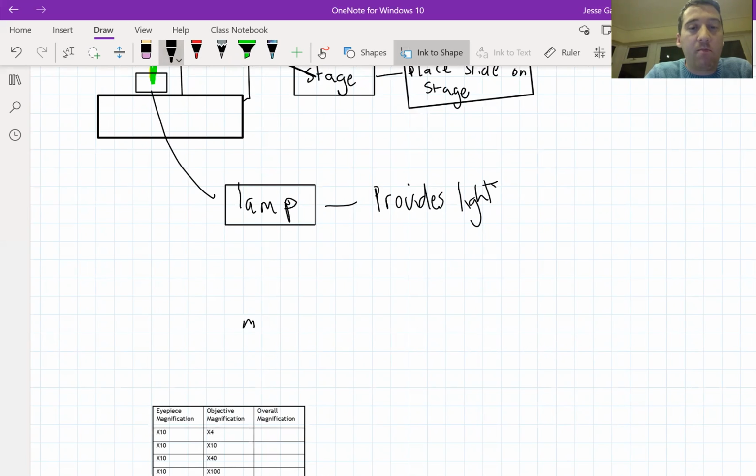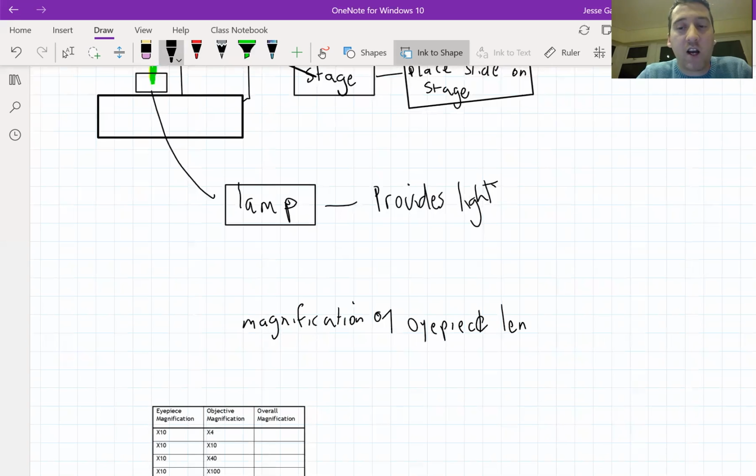So we need to know the magnification of the eyepiece lens. Most eyepiece lenses have a magnification of 10. They're usually 10, for example.